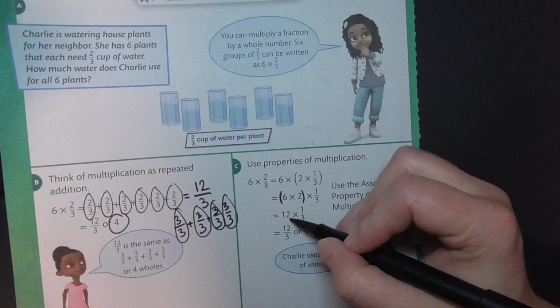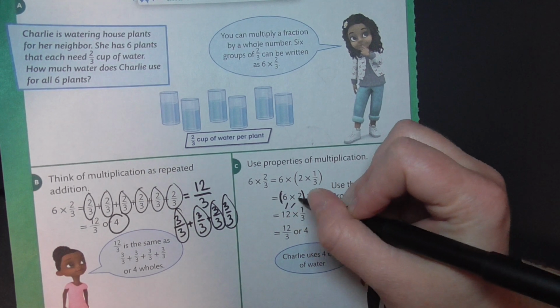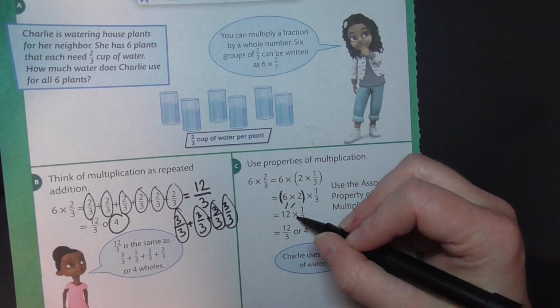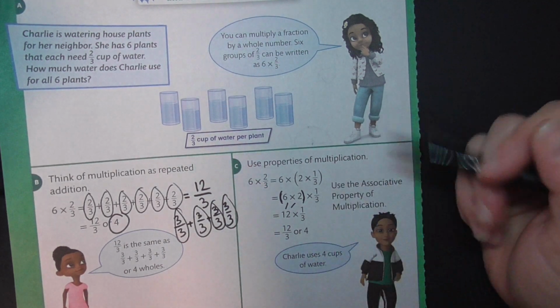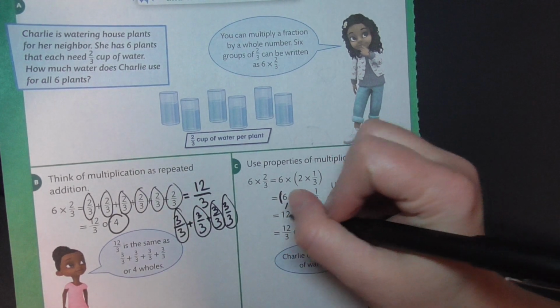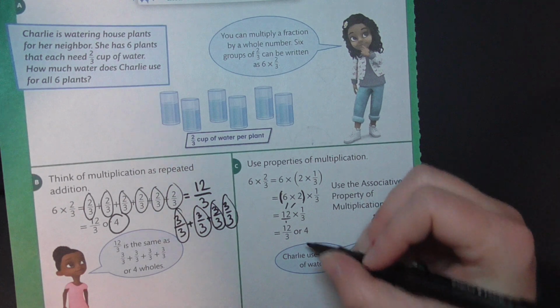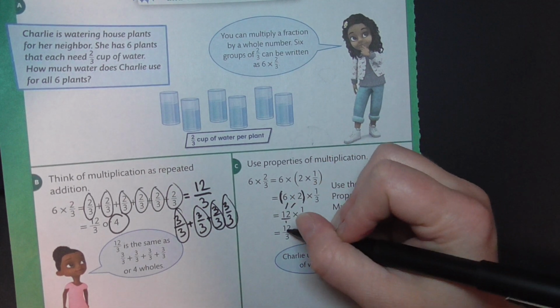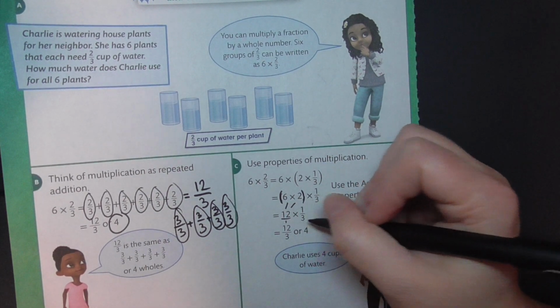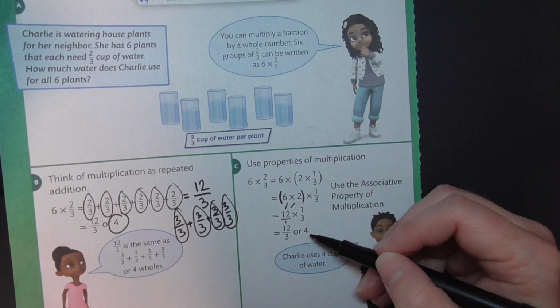So then we come down here and we have 6 times 2 is 12 times 1/3, which gives us the same thing. If we're using our super secret method, 12 times 1 is 12, and then 1 times 3 is 3, or 4.